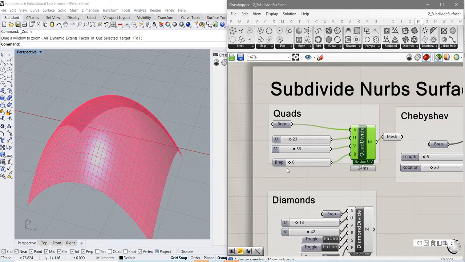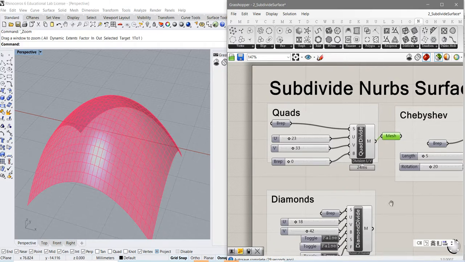So we just keep it 0, then you always get the same shape. What you get is a mesh. In this case, I think it is the same as a regular Grasshopper mesh, but in some other ways of division, you get an NGon mesh.